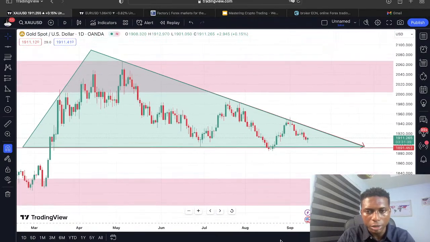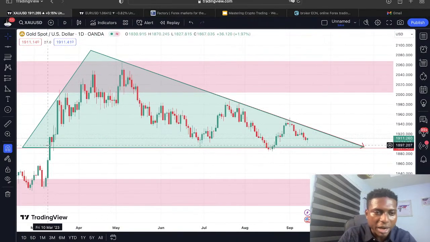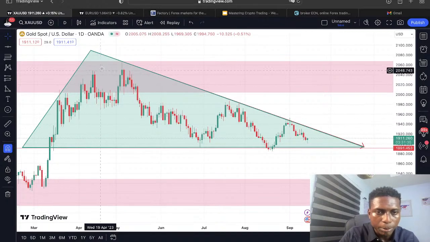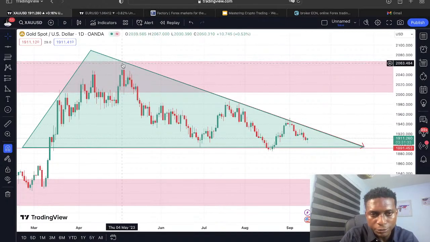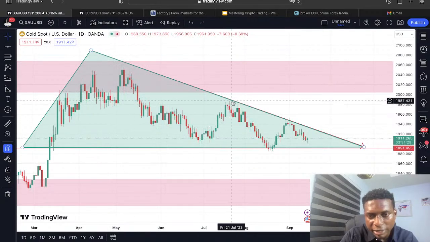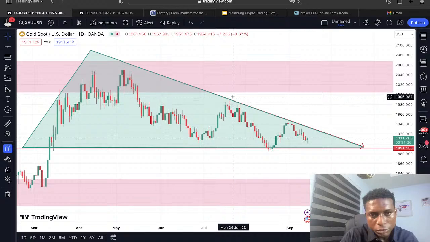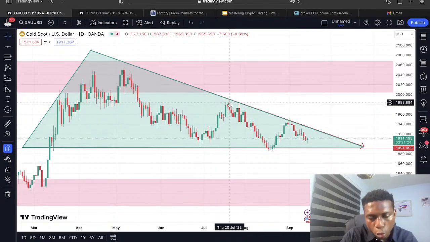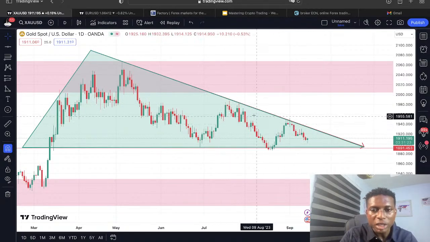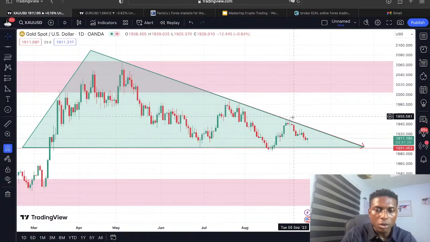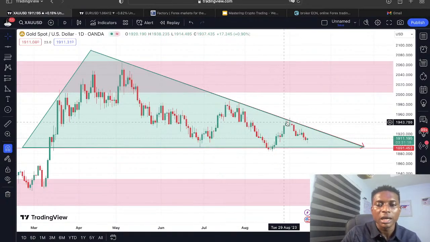Right, so a closer look, you can see how price has been reacting. Price has been creating a lower low. From here it closed here, this is the next low, and after this low is another low. So each close of price is creating a lower low.